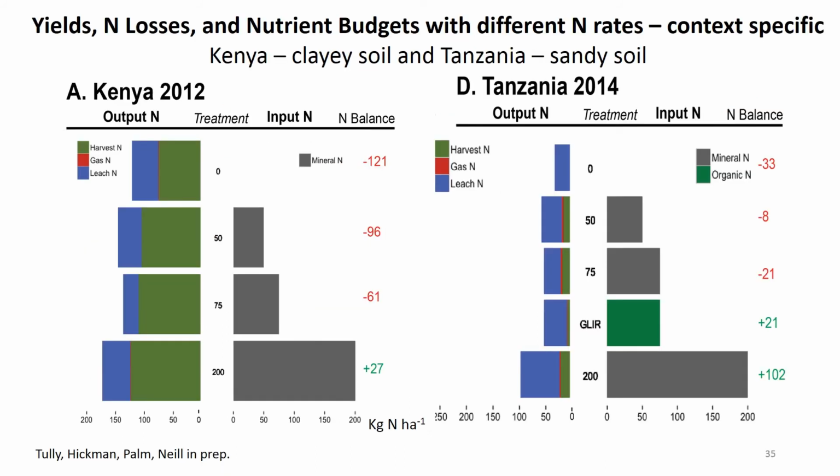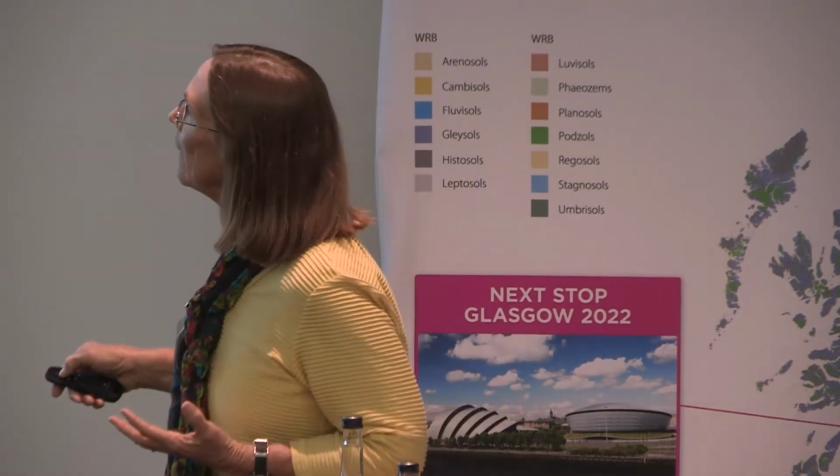This is a nitrogen budget. It's a bit complicated between the clay soil in Kenya and the sandy soil. The green is crop harvest. Gas, you'll see, is very little. And then leaching. The bottom line is in the Kenya soil, you got great crop response to the nitrogen.